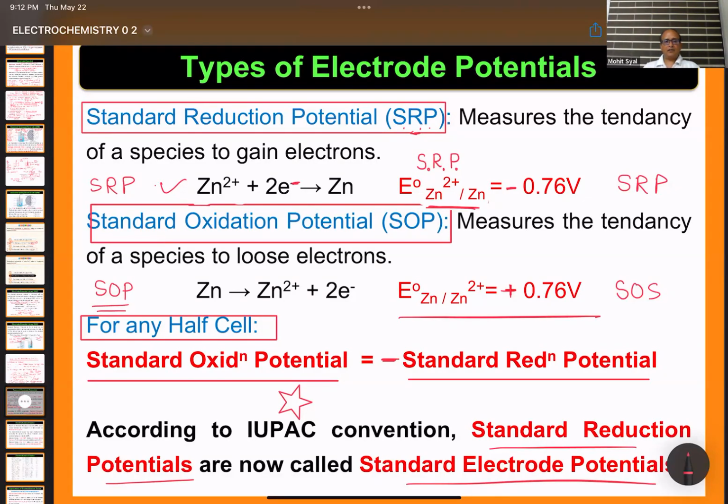Is that clear to everyone? So now we will talk only about this one, the tendency to accept electrons. That is standard reduction potential, and that is chosen by IUPAC. Is it clear?